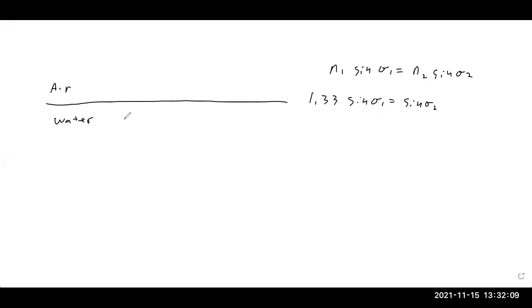So if we came in at the angle that will give us a sine of 0.9, what do we get for the sine of theta? Needs to be more than 1.